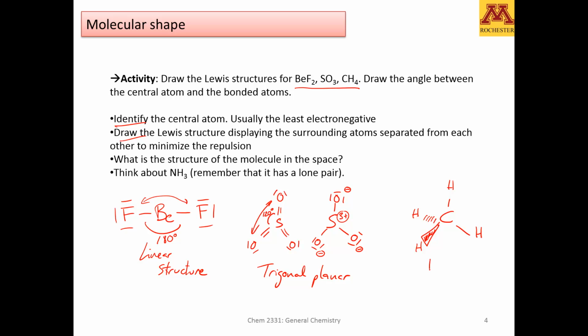What's important here is that this is a tetrahedron. A tetrahedron has a characteristic angle of 109.4 degrees. Okay, so when you have two surrounding atoms, you have a linear structure. When you have three surrounding atoms, you have a trigonal planar. When you have four surrounding atoms, you have a tetrahedron.